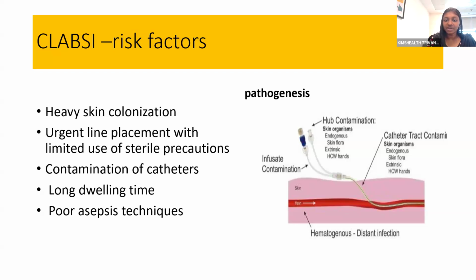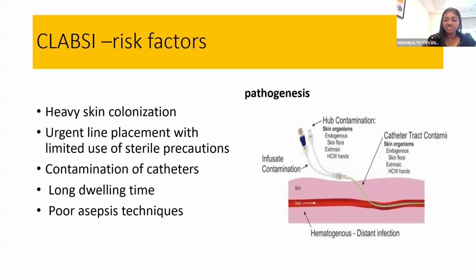Next is hub contamination. This can be prevented by proper hub care. The tip of the hub should be cleaned vigorously with an alcohol swab for 15 seconds before and after administration of medicines.